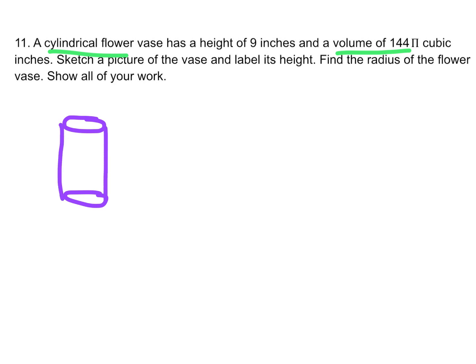And then I'm going to label it with the height. Okay, it looks like our height is 9. So H is 9 inches. And then we know the volume is 144 pi. So that's in terms of pi. So I don't have to be calculating the pi on this one.